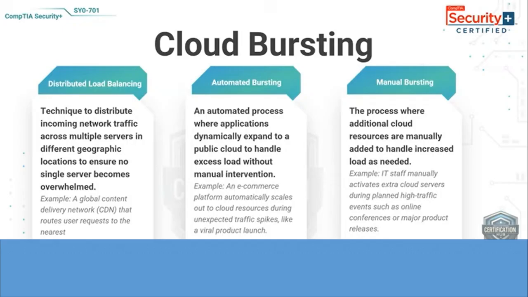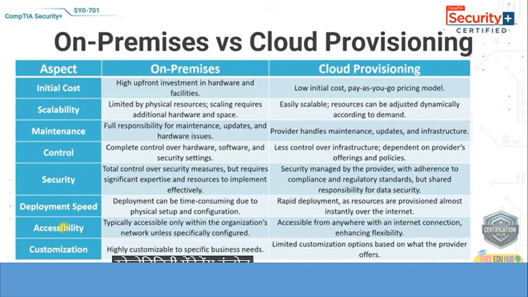Automated works like this: an e-commerce platform automatically scales out to cloud resources during unexpected traffic spikes, like a viral product launch. The next is manual bursting, which is very simple. IT staff manually activate extra cloud servers during planned high traffic events such as an online conference or major product release. These are the three categories.